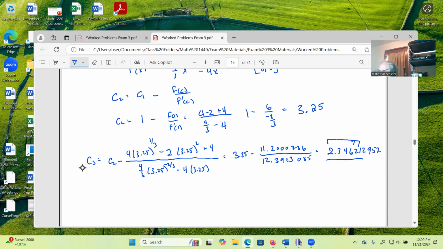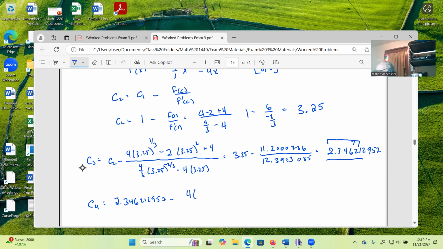That's my C3. C4, so we're still working on this, is equal to C3 minus, so this is going to be 2.346212957 minus. And we're just going to reevaluate this function again.